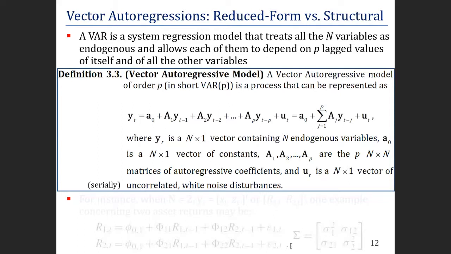It's basically a system of regressions in which all the n variables, the n time series that you care for, are contemporaneously endogenous, meaning that each of the time series depends on its own lags, as well as the lags of all the other variables inside the VAR. You will see a few examples soon in the next few slides, but it's like a bunch of regressions.